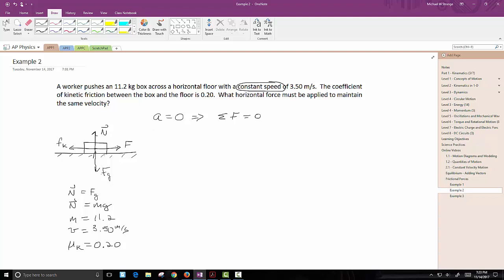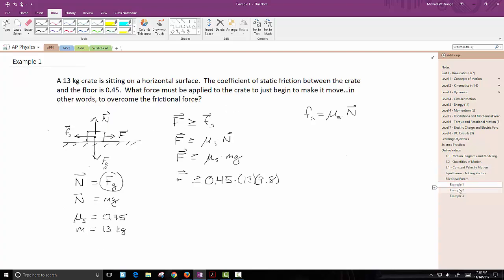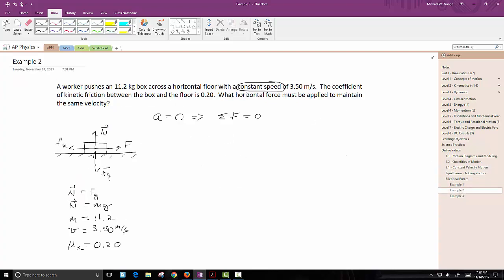So the picture actually looks exactly the same as this one, except now we're talking about kinetic friction because we have some velocity. This box is actually moving, so it's kinetic friction. So what I know is that the force that I apply has to be equal to the kinetic frictional force.